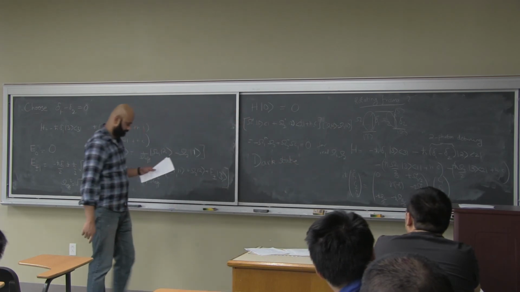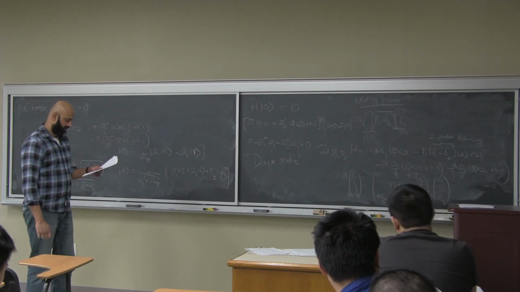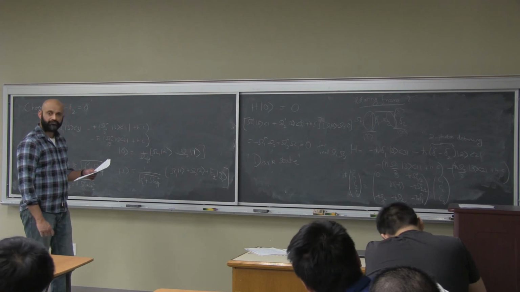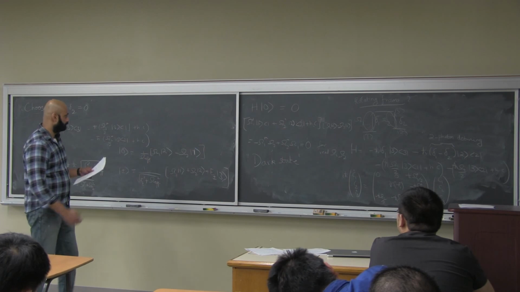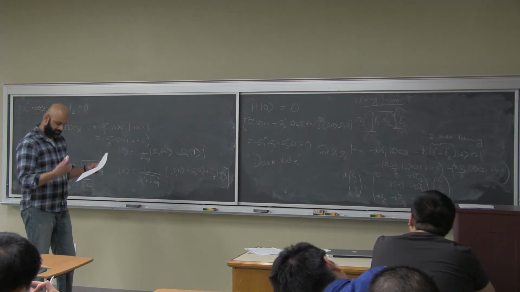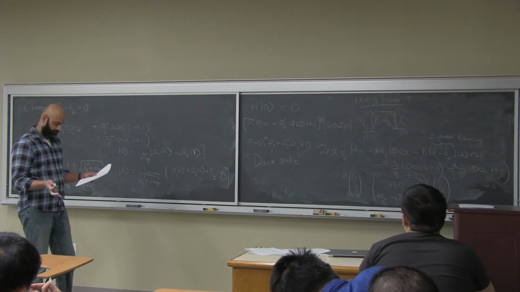An atom that is prepared in the state 0 will never be excited to the excited state 3, or out of this superposition. And because it has no admixture from the excited state, it is immune to spontaneous emission also.